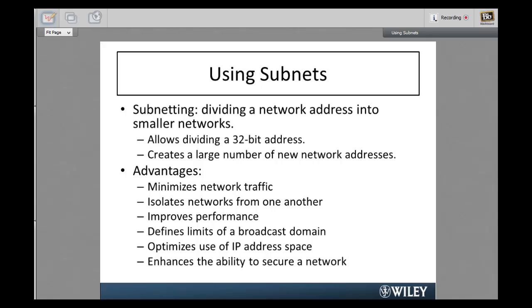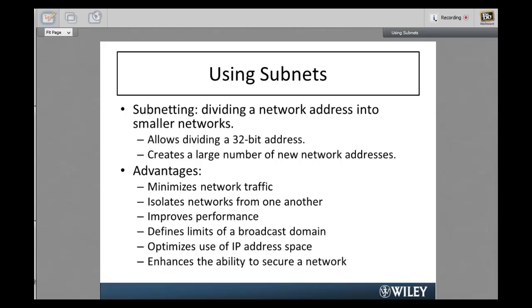So subnetting is the term used to divide the network address into smaller networks. Now we have the classes. We can either use these classes as a default subnetting, or you can have your own subnetting. It also divides the 32-bit IPv4 address and creates a large number of new network addresses.